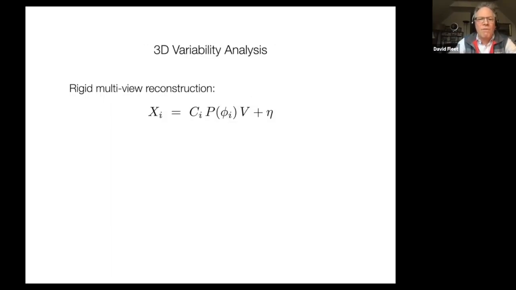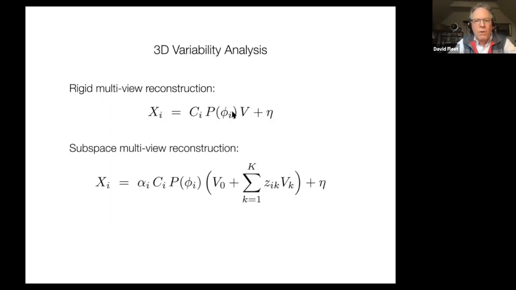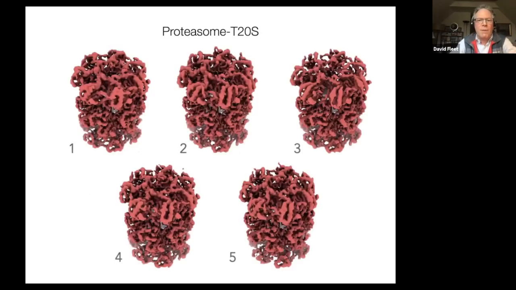And so we've developed an algorithm to do this, which replaces the V in the original equation by a linear combination, a linear subspace model of different components, which in combination explain your images. And so let me just show you an example.